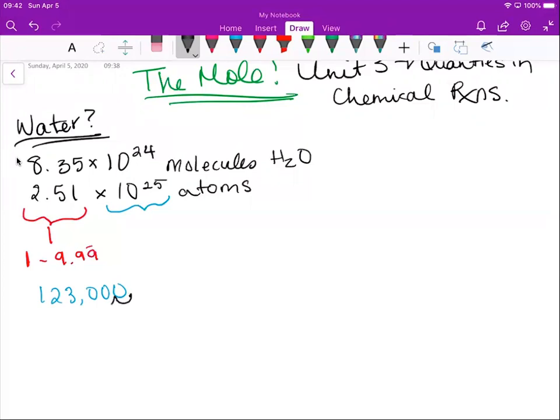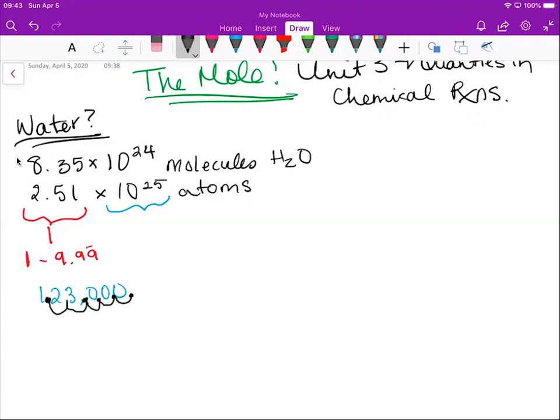I'm going to move it 1, 2, 3, 4, 5. I can move it 5 spaces. And you see that when I move it to this spot here, each time we progressively move the decimal over, the number gets smaller and smaller.